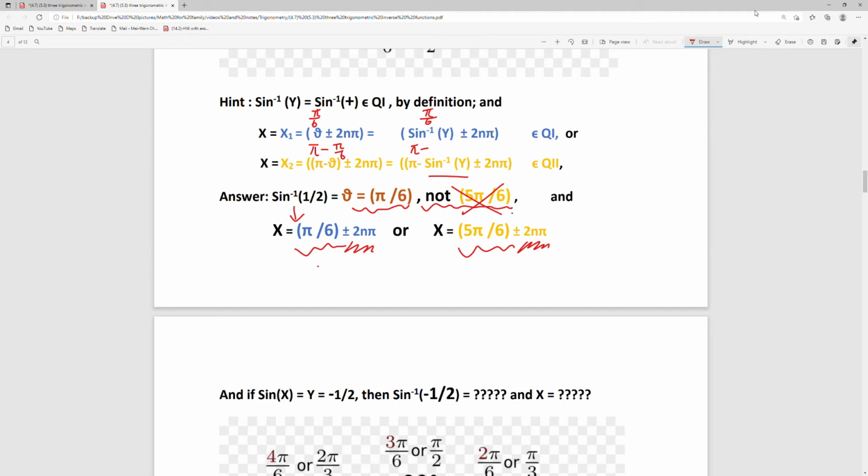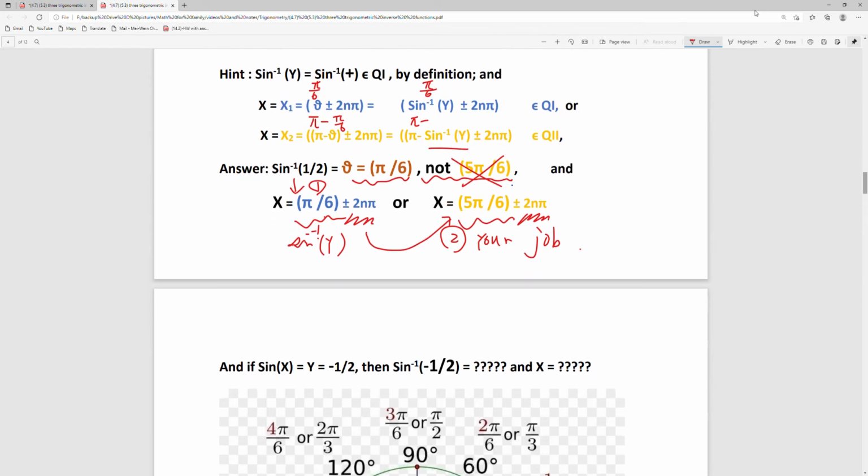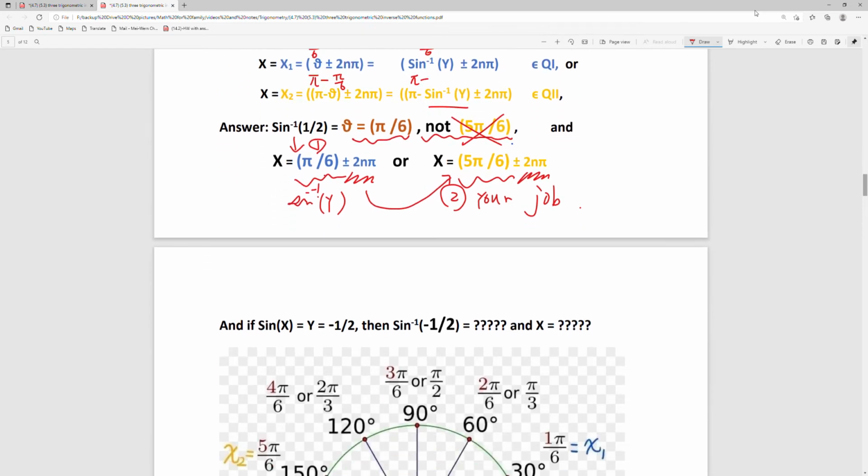Arcsine will only provide you the first group. And then it's your job to find the second group. So this is when the input is positive.